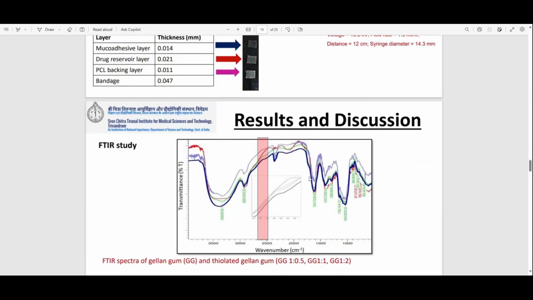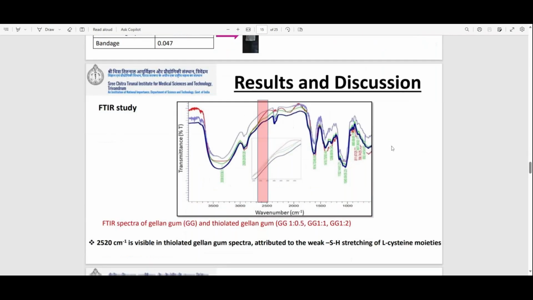So coming to the results and discussions and the evaluations, first, after preparing the thiolated gellan gum solution, we have studied it using FTIR, that is Fourier transform infrared spectroscopy, to see whether the thiolation has happened or not. We can see that for the bare systems, there is no peak around 2520.